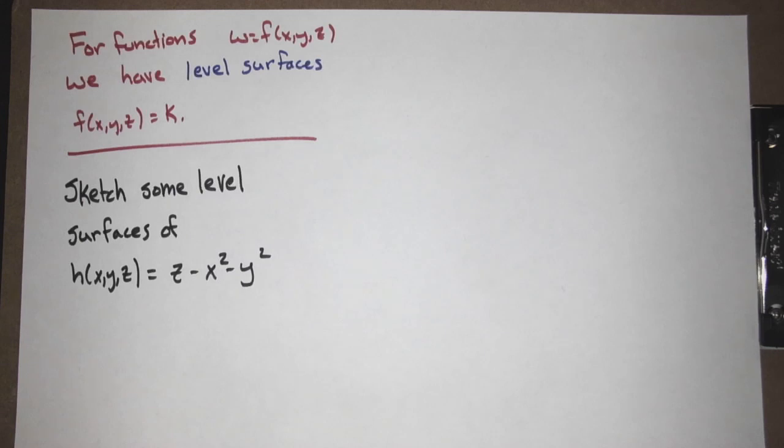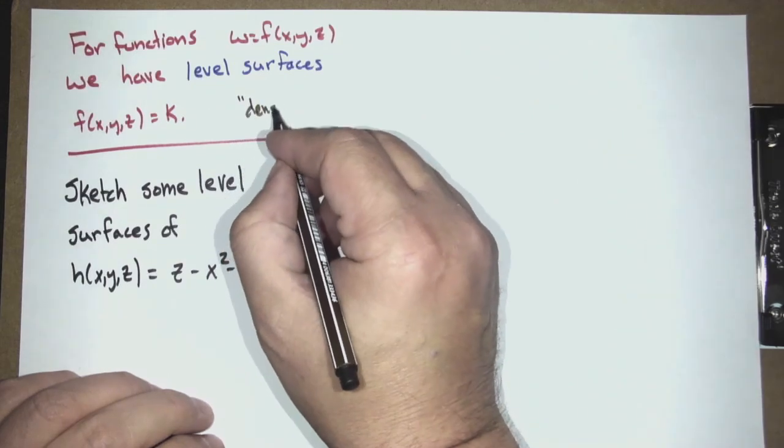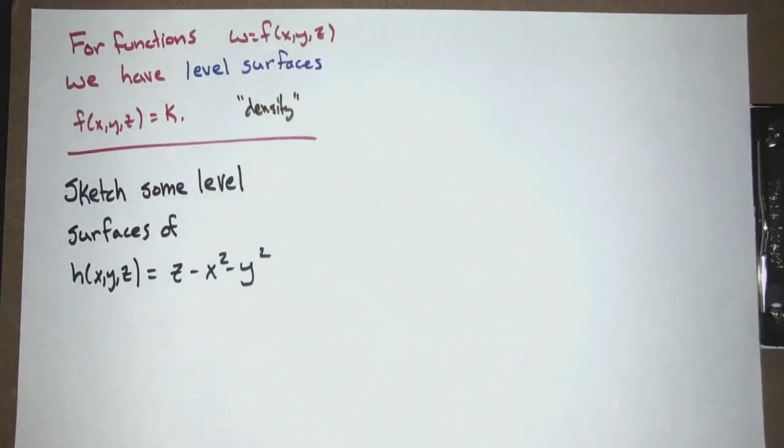So oftentimes when we think of functions, we think of x as our input, y as our output, like a height. But we don't only have to think of height. We could think about density, because that's an intuition we can get behind. I have a 3-dimensional object composed of some media, and at different points, I'm at different densities.